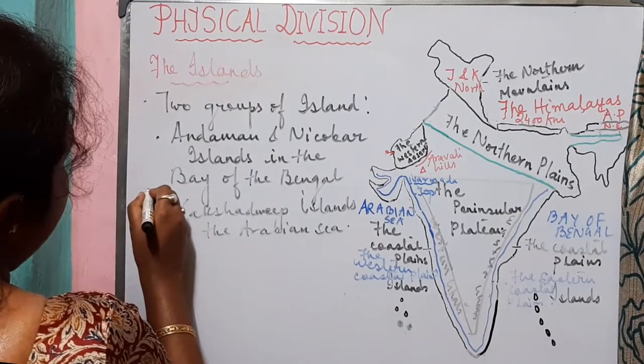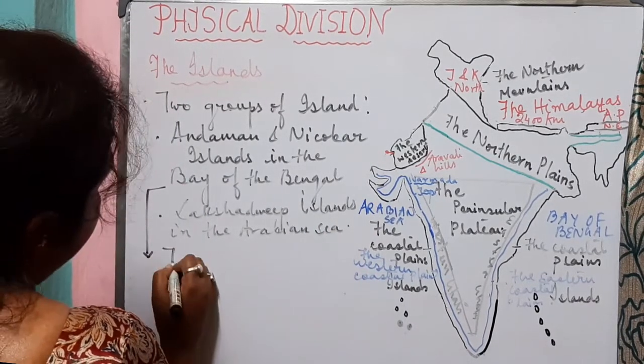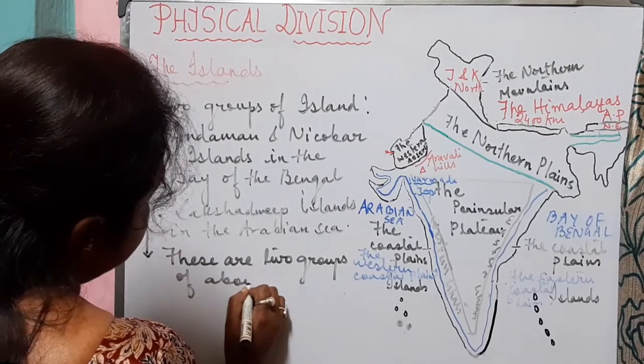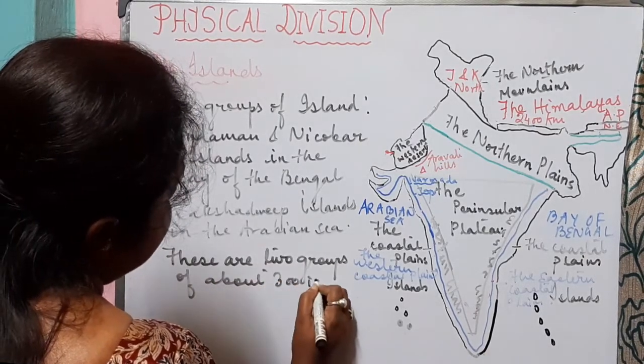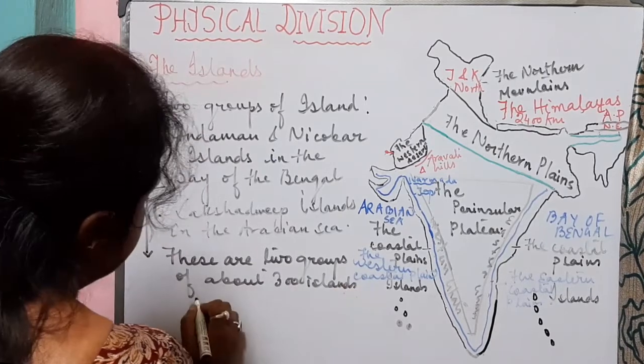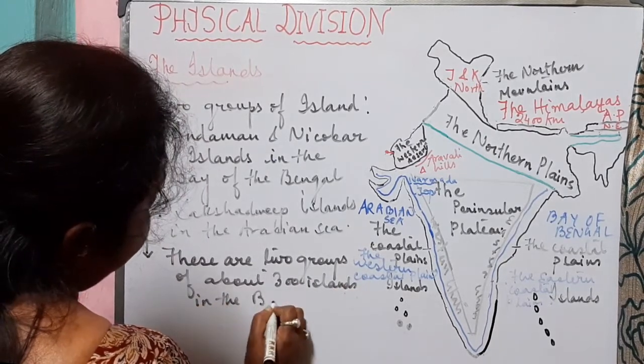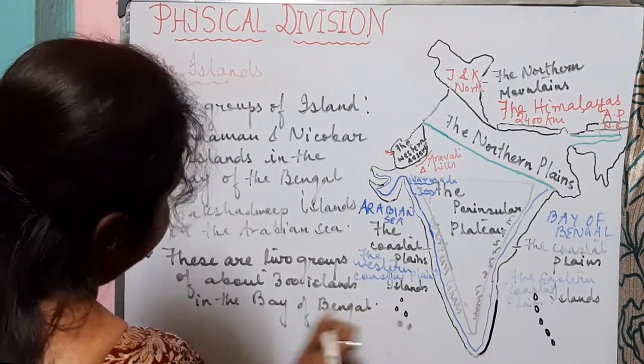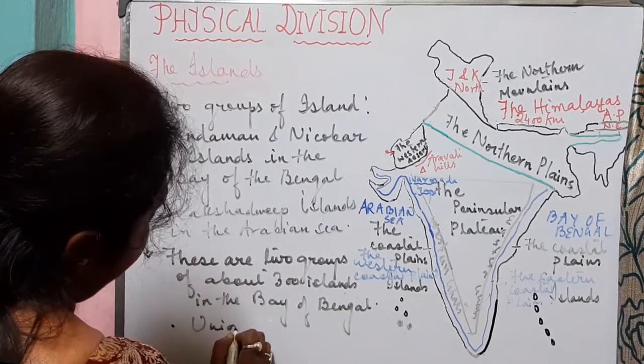Now let us talk about the Andaman and Nicobar Islands. These are two groups of about 300 islands in the Bay of Bengal and it forms a Union Territory of India.